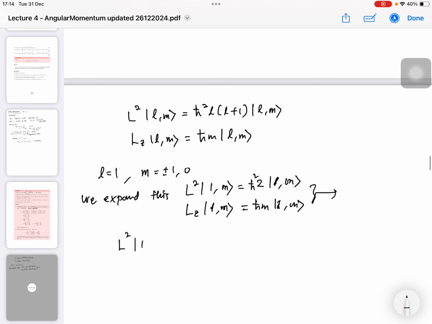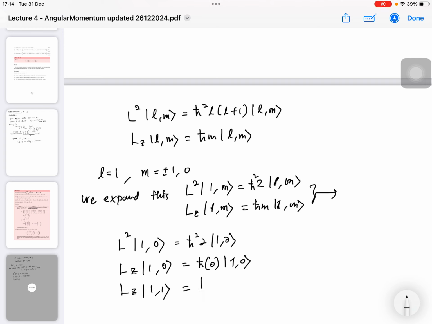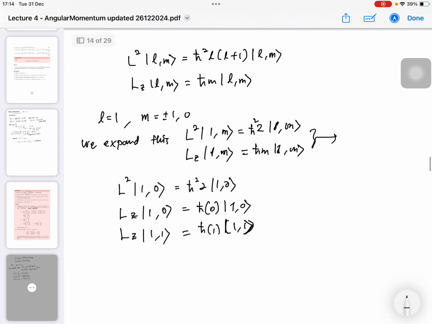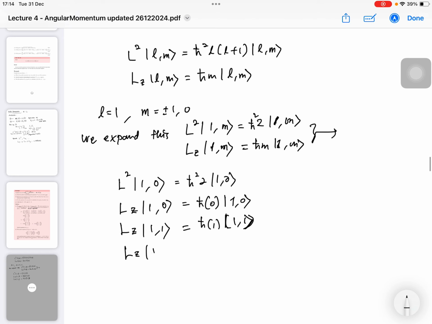From here you can move further. How many states do you have? 1, 0 gives you h bar 2, 1, 0. But another one, you also have Lz. 1, 0 gives 0, and then for 1, 1 you have h bar 1, 1. And similarly you have Lz on 1, minus 1, which gives minus h bar times 1, minus 1.